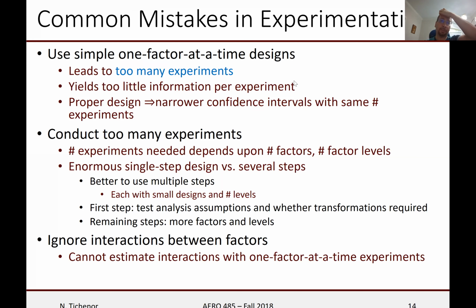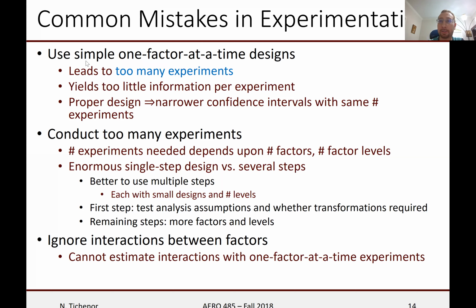The second group of common mistakes are related to a trade-off between the number of experiments you plan to do versus how accurately you can predict a trend based on the experiments.